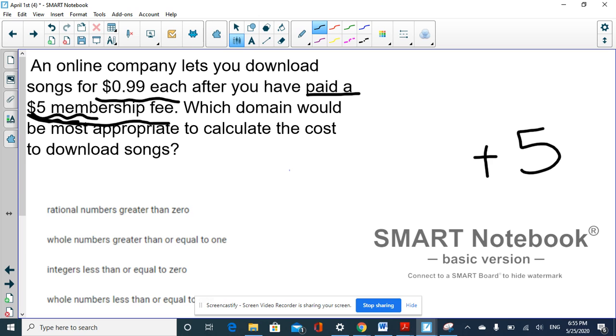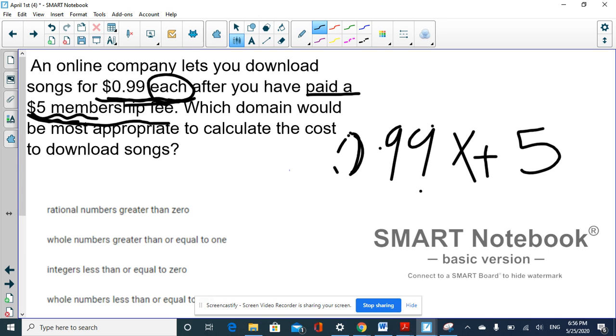It's $5. This will change: $0.99 each means each song, 0.99x. We have to add a variable because we have this word each.